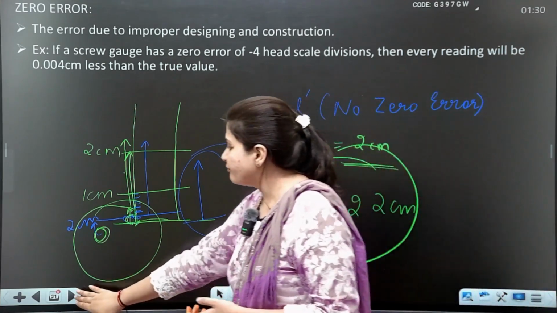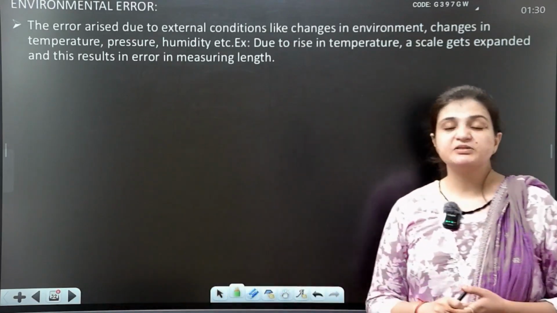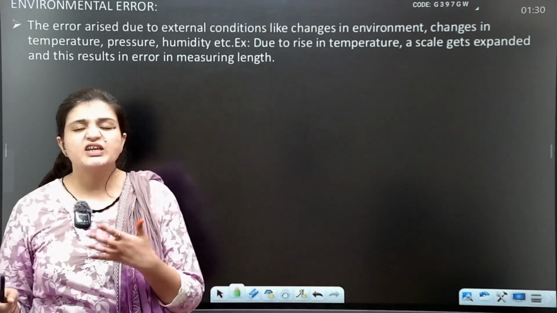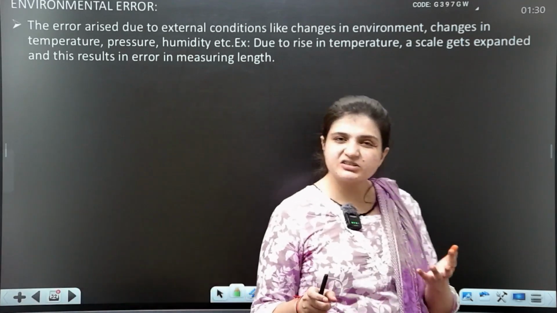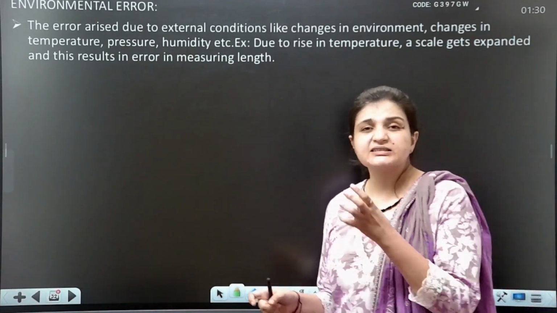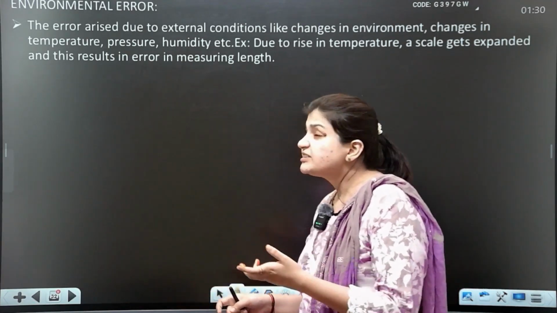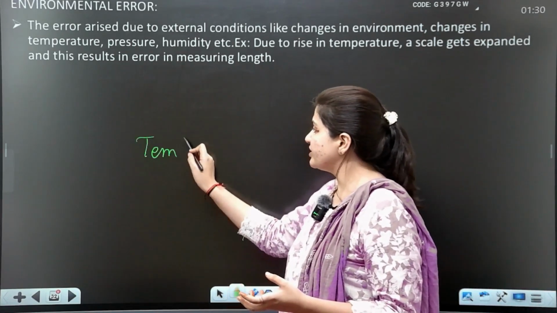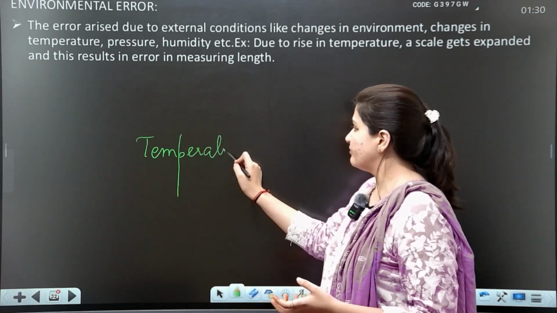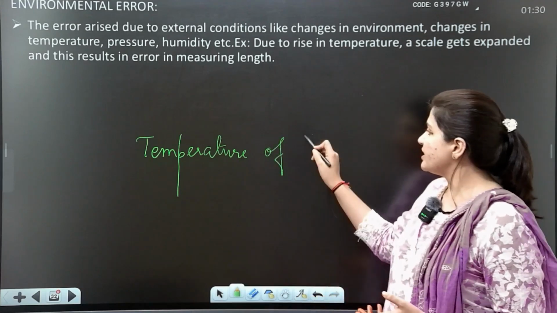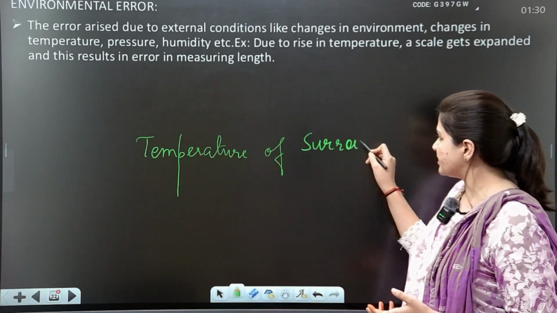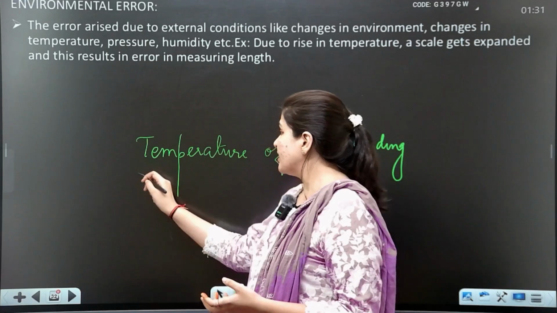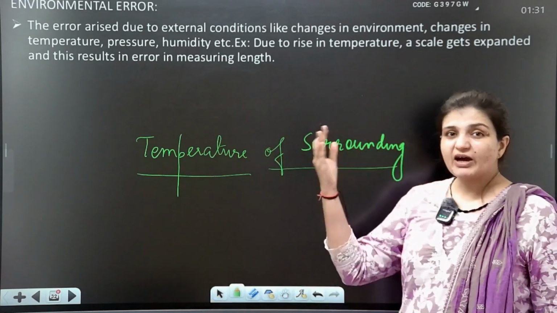Now if we talk further, what is another cause of the systematic error? We have the first cause of the systematic error, which was zero error. Now another cause is the environmental factor. Let's say we are performing an experiment, and if the temperature of the surrounding is increasing or decreasing, then we say it is due to environmental error.